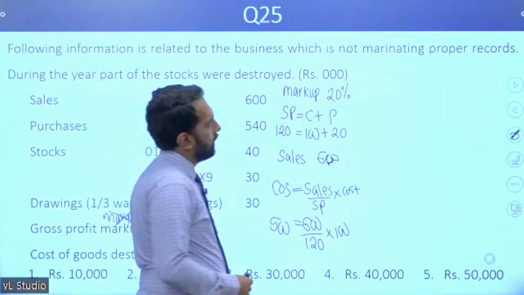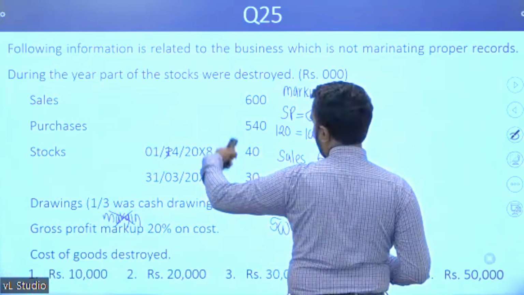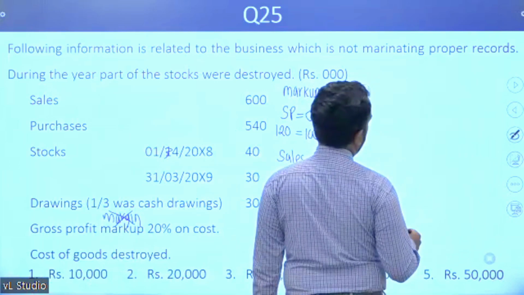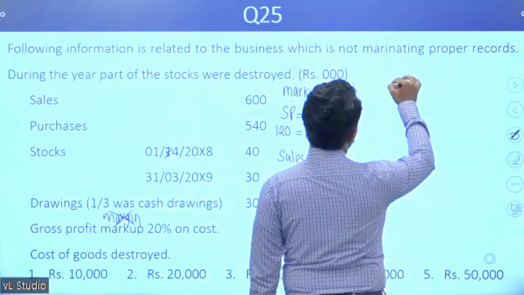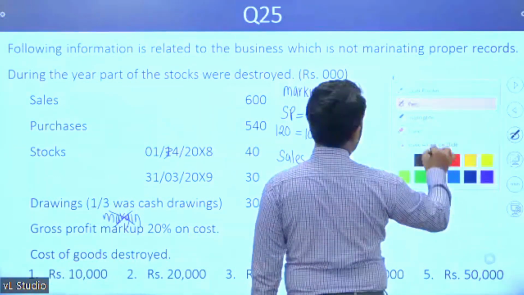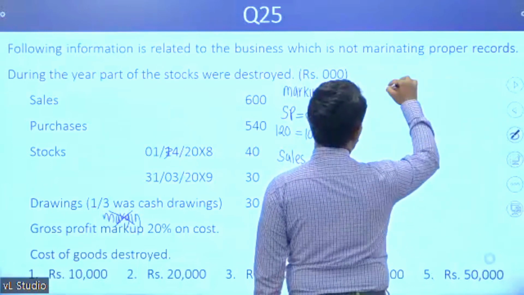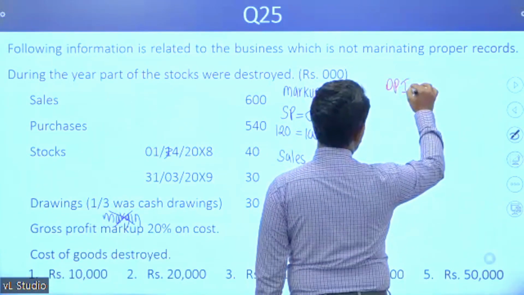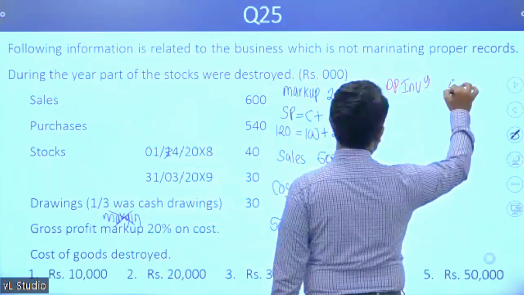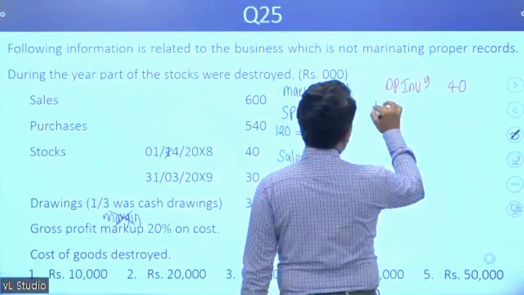Now we have the cost of sale. Using this information, we can do the calculation like this. We know that your opening inventory, as per the information given, is 40 rupees. And for that, we are going to add the purchases.